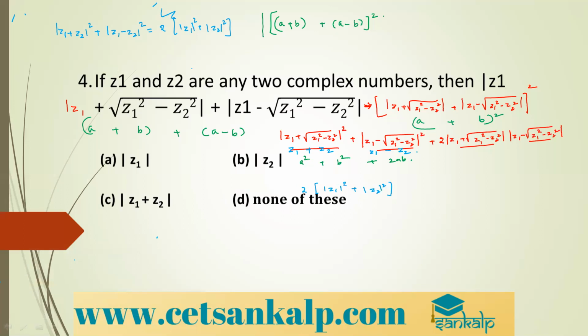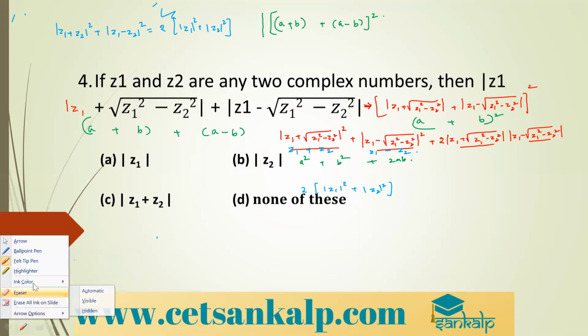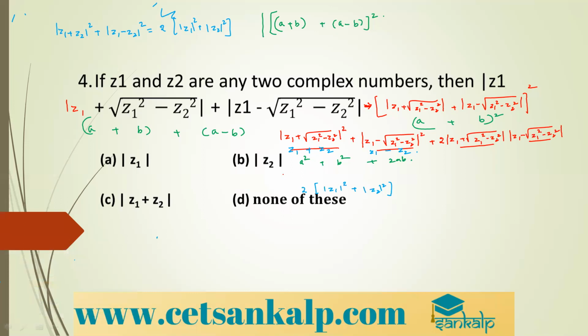This is what I should have as per the formula. So I will write that only. 2 into Z1 square, plus Z2 square, which is square root of Z1 square minus Z2 square whole square. This is what you have.